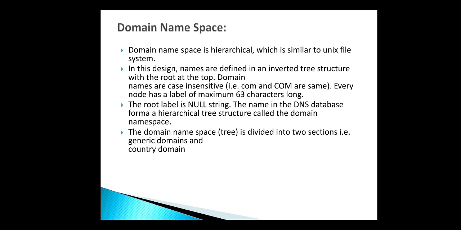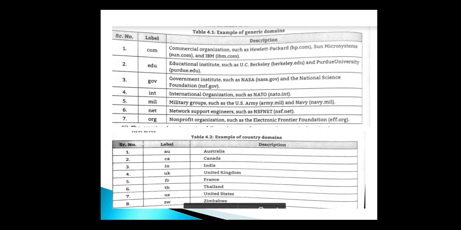The names in the DNS database form a hierarchical tree structure called the domain namespace. The domain namespace tree is divided into two sections, that is generic domain and country domain. Some generic domains are .com, .edu, .gov, .int for international organizations, .mil for military groups, .net for network supporting engineers, and .org for non-profit organizations.